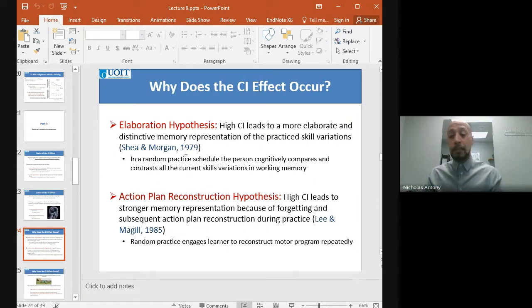Just like I tell you about academics, you want to look at the material, ask yourself questions, do cue cards, try to teach it, hit it from different angles, because it leads to a better understanding in long-term memory. The action plan reconstruction hypothesis suggests that by having variations and problem-solving ability, you're better at applying what you've learned in a real-life situation. So both are true, but these are just two theories that, before research started, suggested why high contextual interference would potentially lead to better learning, and then they proved it.